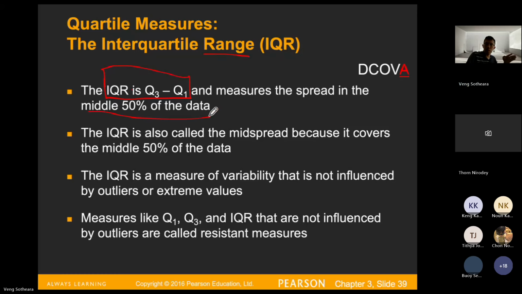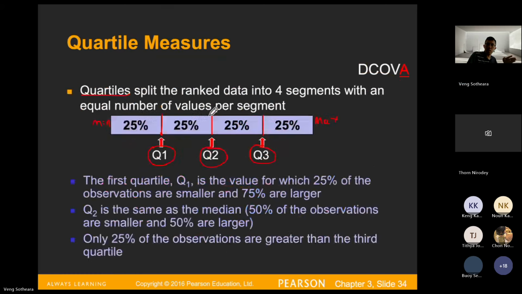You just ignore the first 25% and the upper 25%.